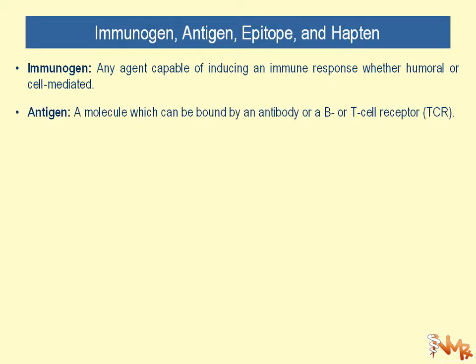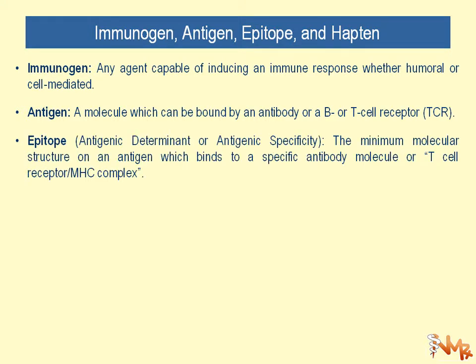Antigen is a molecule which can be bound by an antibody, or by a B-cell receptor, or by a T-cell receptor. Epitope, or antigenic determinant, or antigenic specificity, is the minimum molecular structure on an antigen which binds to a specific antibody molecule or to a T-cell receptor, or can be presented on an MHC complex.